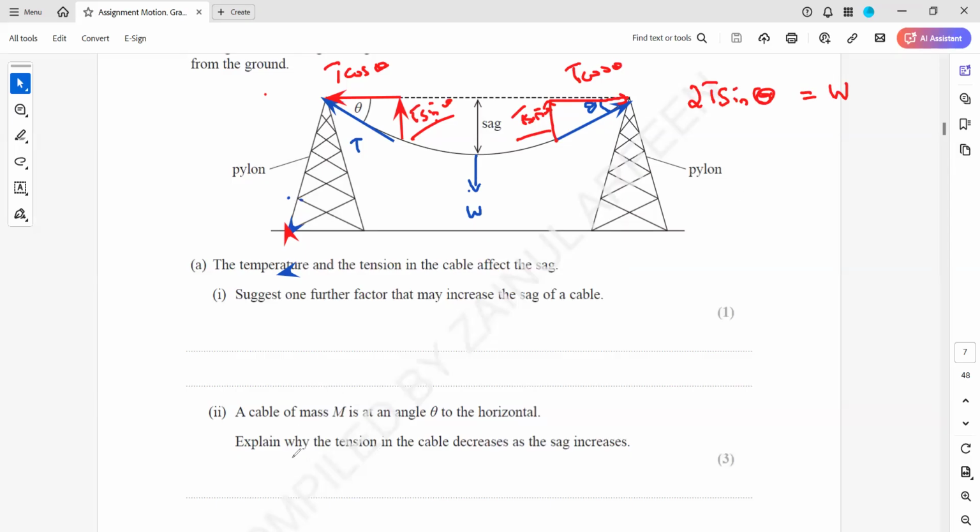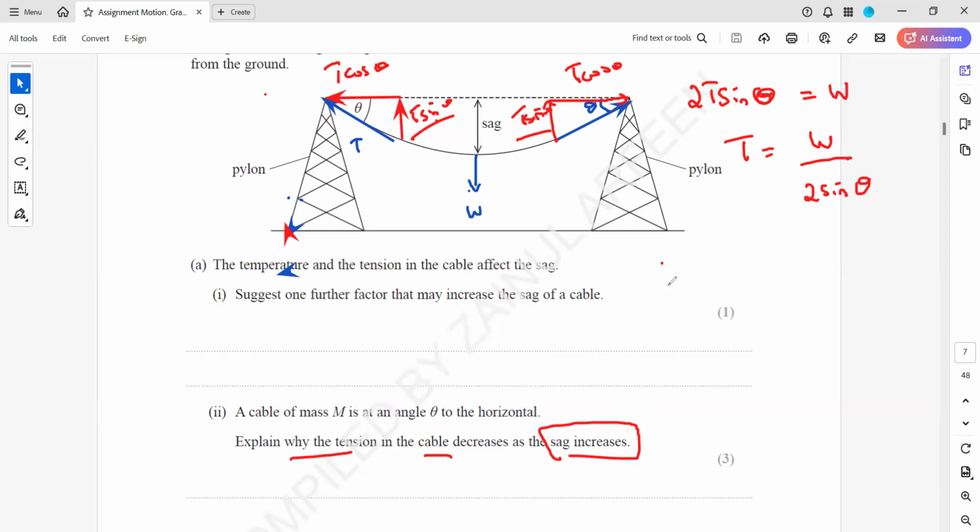Now they're saying, explain why the tension in the cable decreases as the sag increases. So what will happen if I need T? What is the value of T? T will be equal to W divided by 2 sine theta.